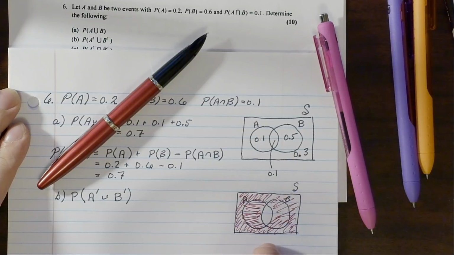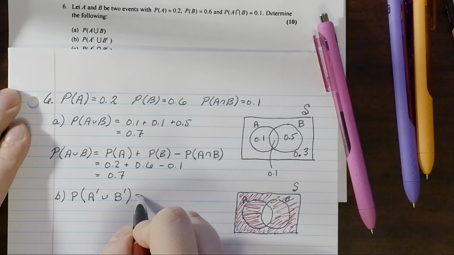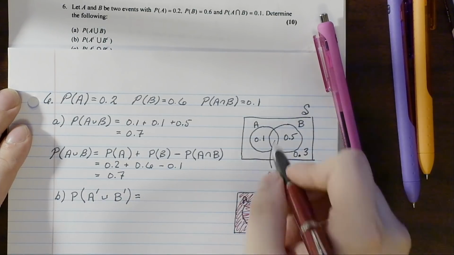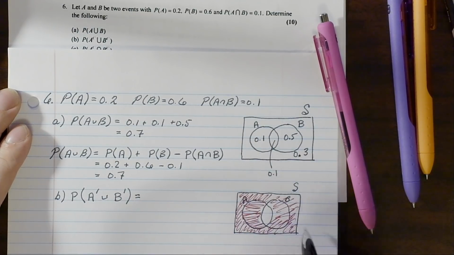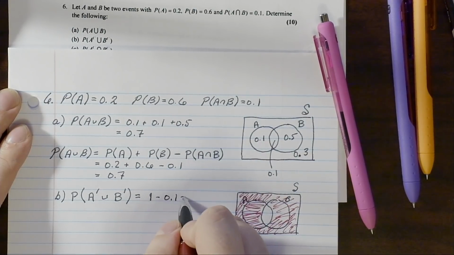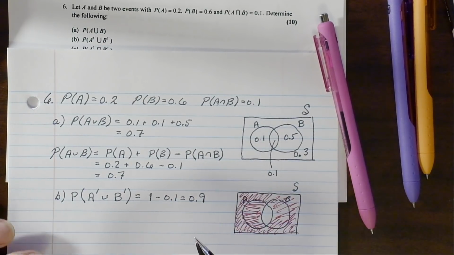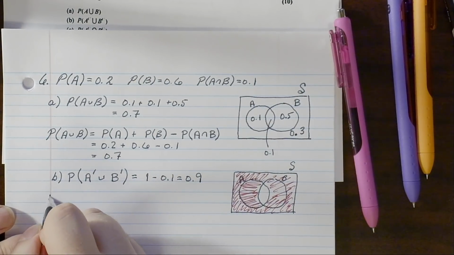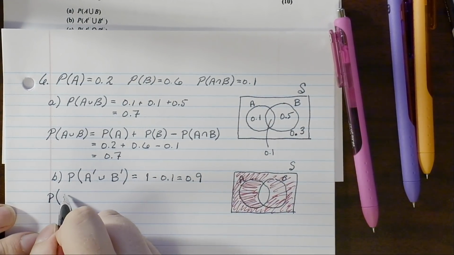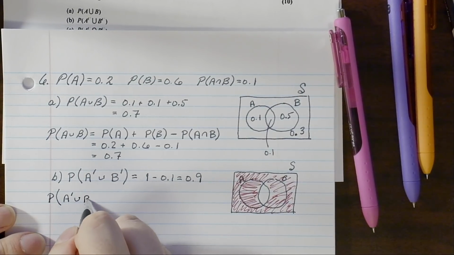So it's everything in there but the intersection. So that's 1 minus the intersection, which is 0.1. So it's 1 minus 0.1, which is 0.9. Okay. Equivalently, using a formula, I have A complement union B complement.